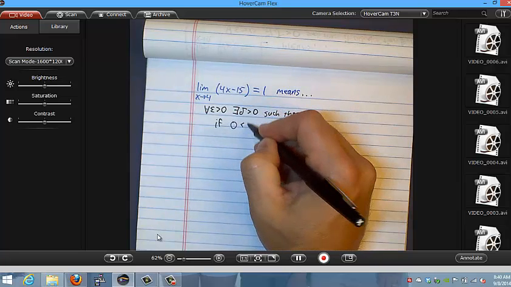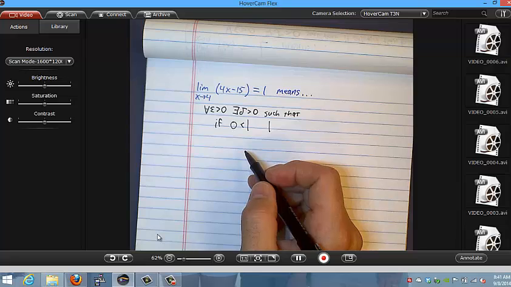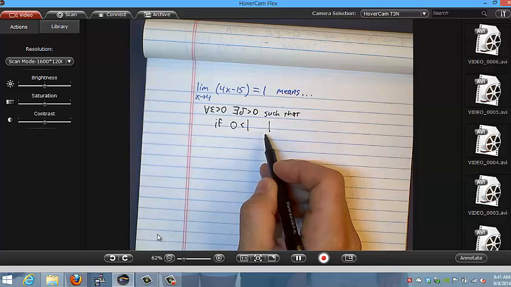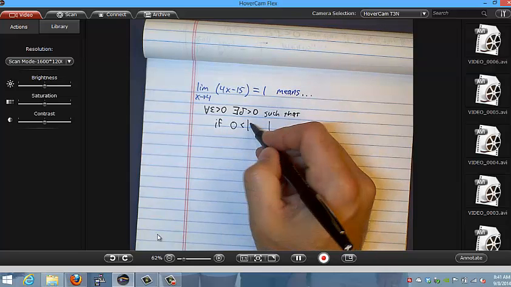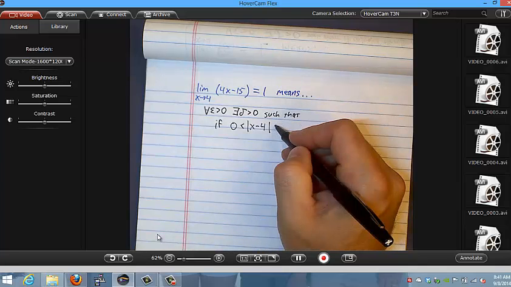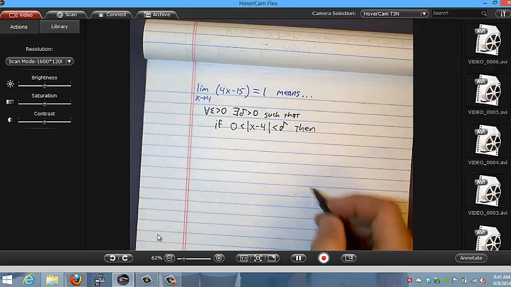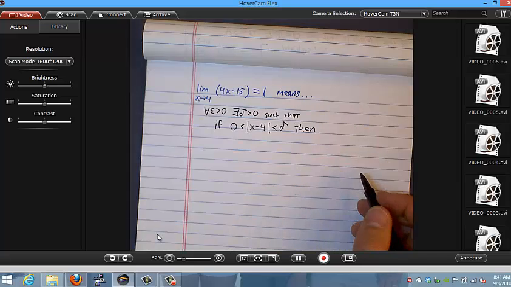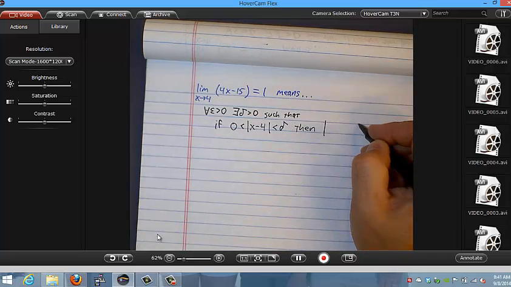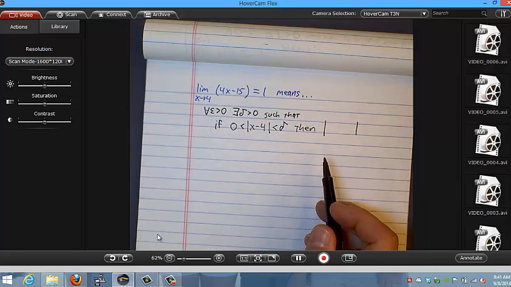0 less than, now what's going to go in the absolute value bars this time? Remember, it's x minus a in the definition. So what am I going to write? X minus 4. There it is. X minus 4 less than delta. Then, now here it's funny because what usually goes in the bars is f of x minus L, right? But I actually know what f of x is.